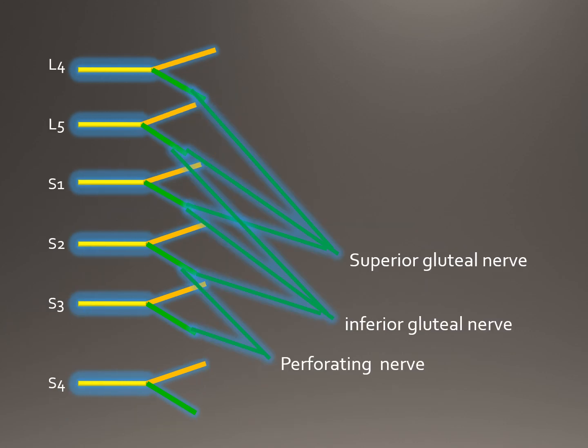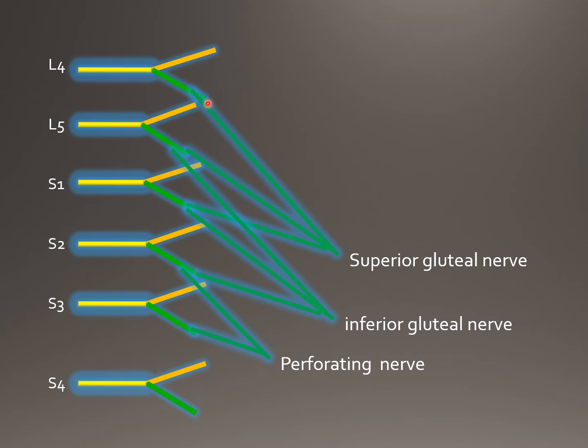Now the dorsal branches arising from the sacral plexus. So this is a ventral division here. This one is a ventral division and this is dorsal division.